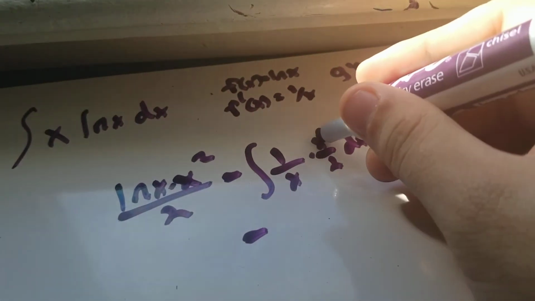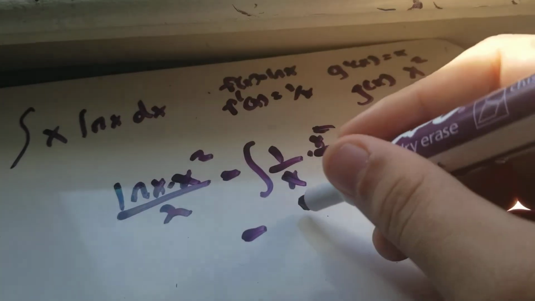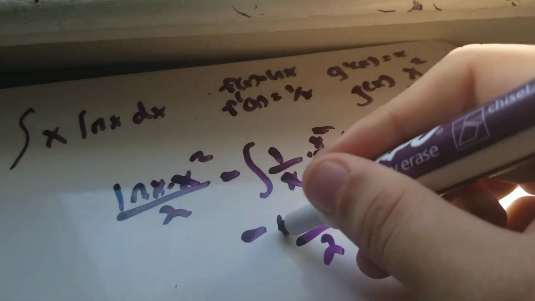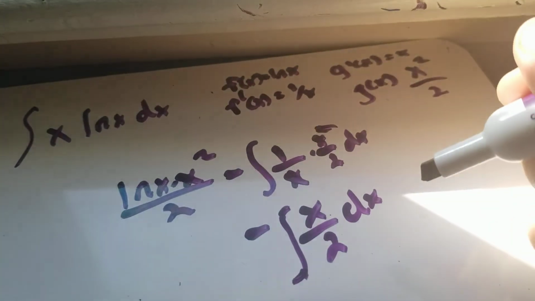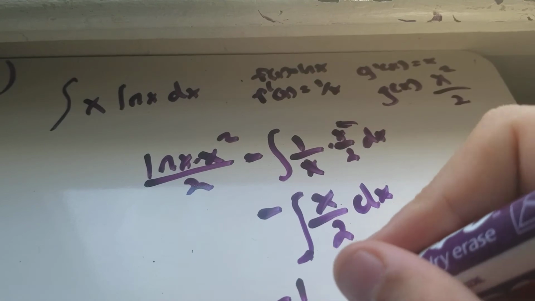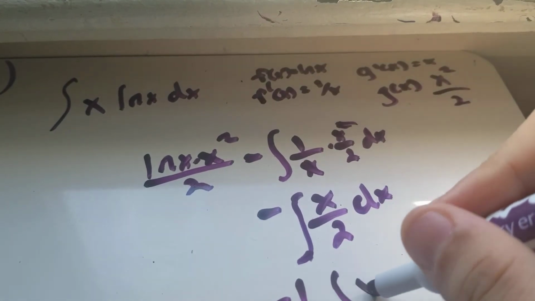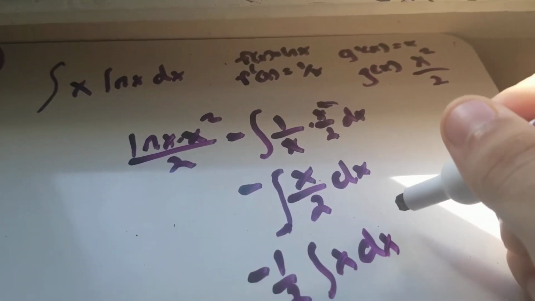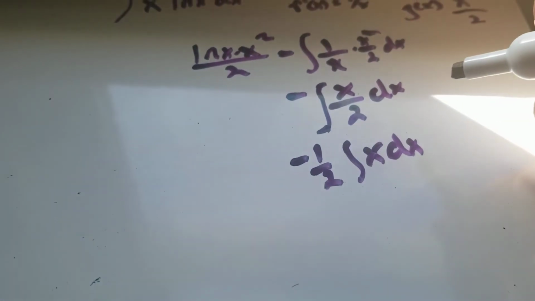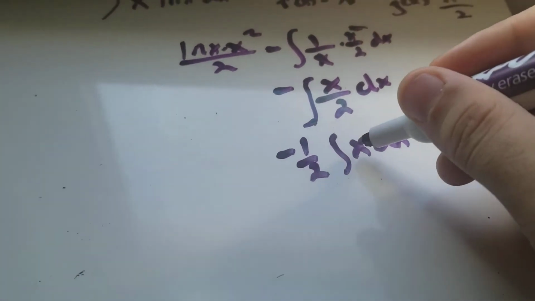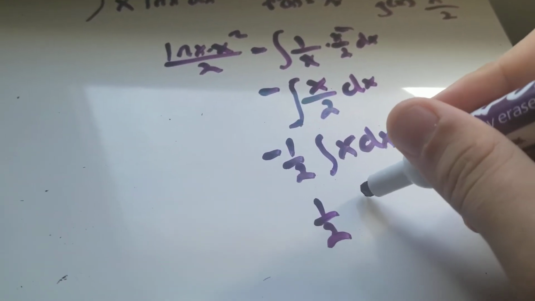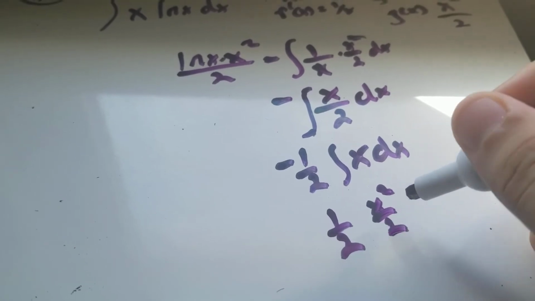I can reduce this, so now I have just x over 2 dx, which is 1/2 x dx. And then we use the antiderivative of x, so this becomes x squared over 2.